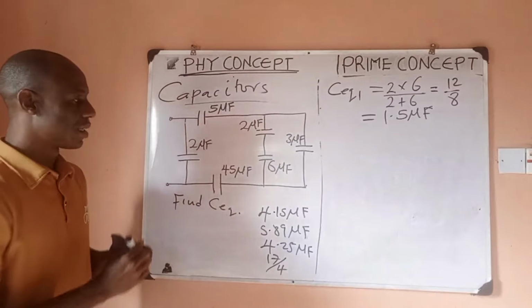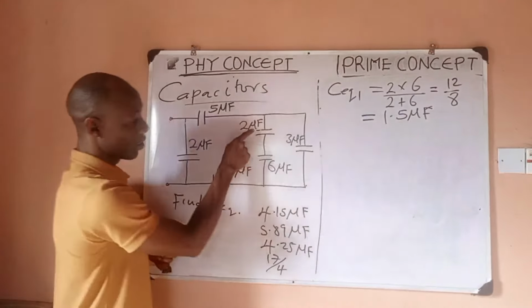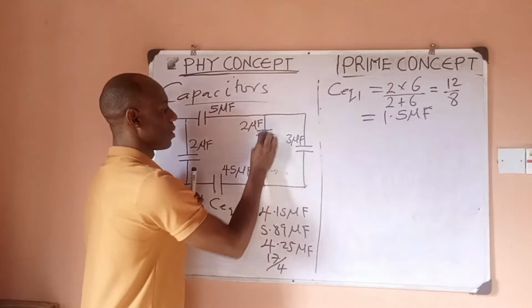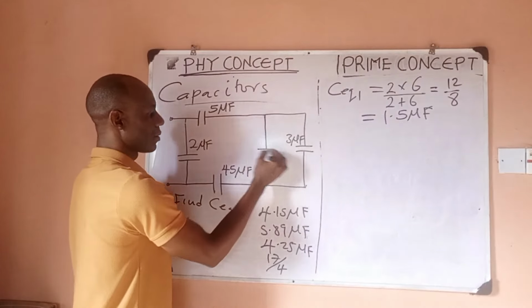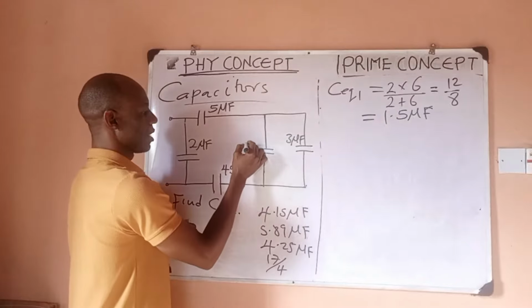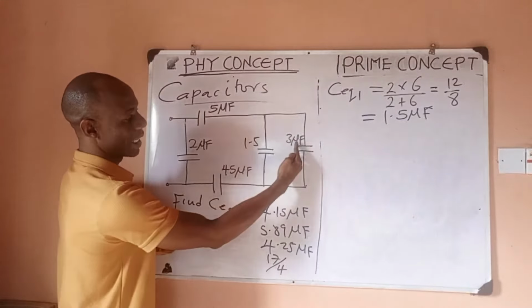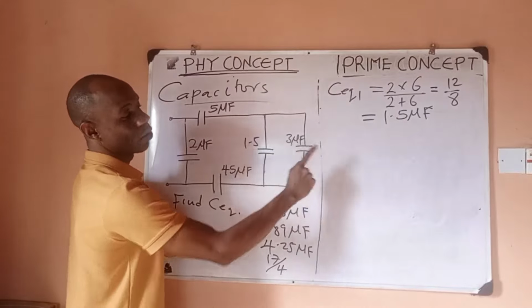Now let's do it. So please, I believe you have the diagram now. I'll be rubbing. Now I've gotten the equivalent of these two, which is now 1.5. So I'll rub. So it means this is only one capacitor here now, which has a value of 1.5. Now you notice quickly that this and this are in what? Parallel. Since both of them are in parallel, I will add up.